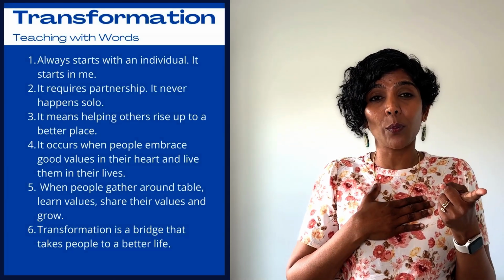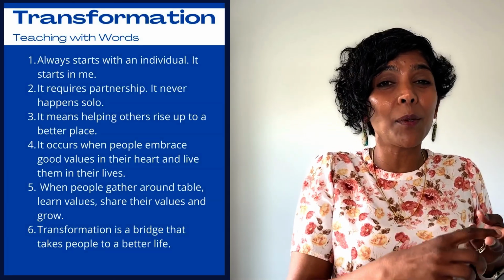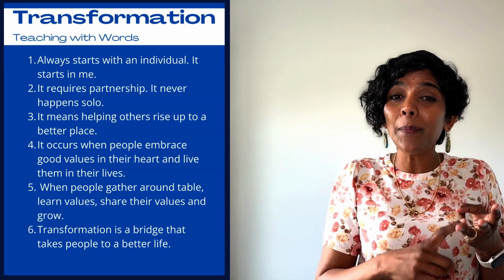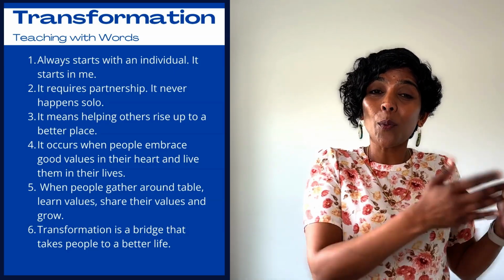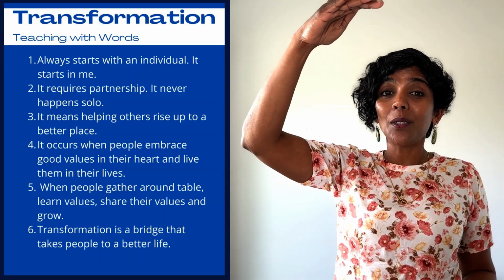Let's assume I want to explain the power of transformation, and I just use words to explain my 6 key points. Transformation always starts with an individual. Transformation requires partnership. It can never be done solo. It means helping people rise from where they are to where they could be.